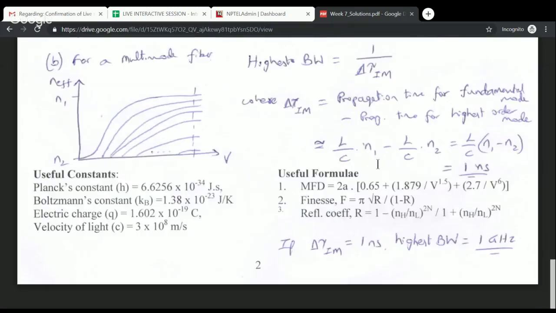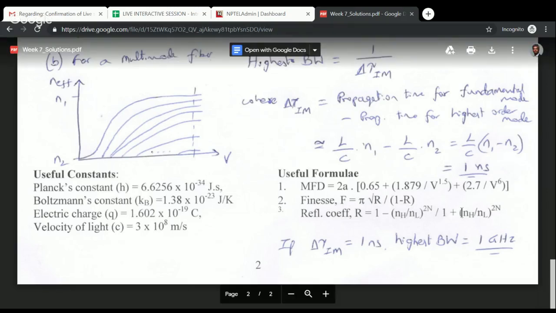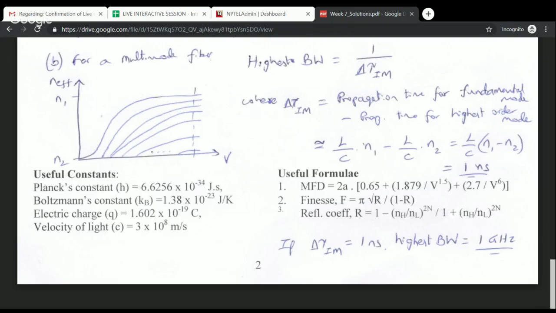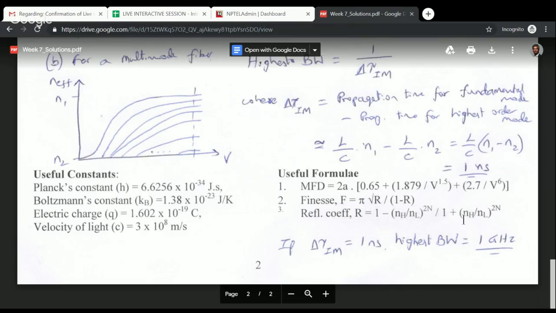But if I'm looking at a reflection coefficient or the finesse, for example, you can derive these things, but it's going to take you a lot of time. In that case, I would actually give you the formula. So in the final exam also, any formula that you're not able to get from first level concepts, you can expect me to give you, so that you can use those formulas and solve that problem.